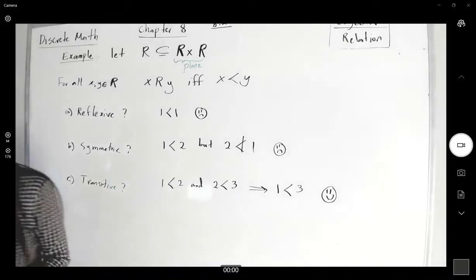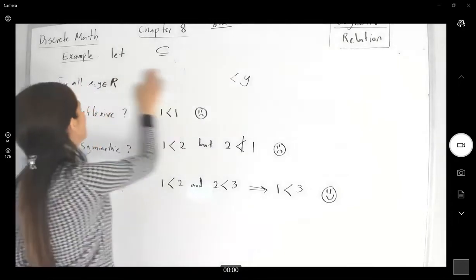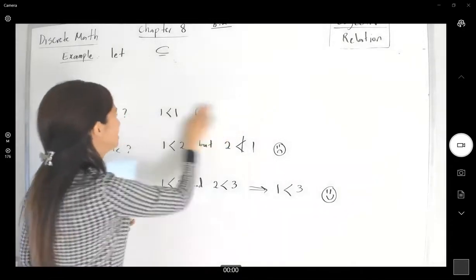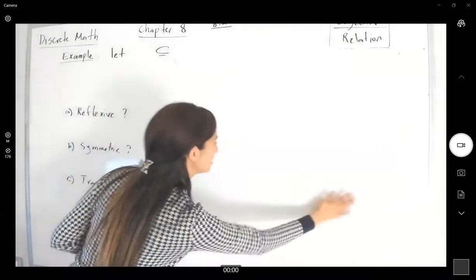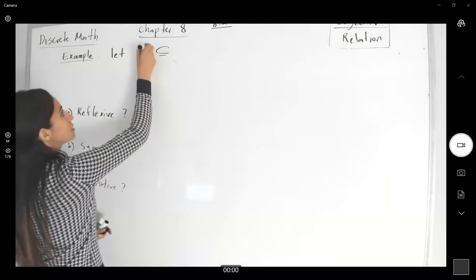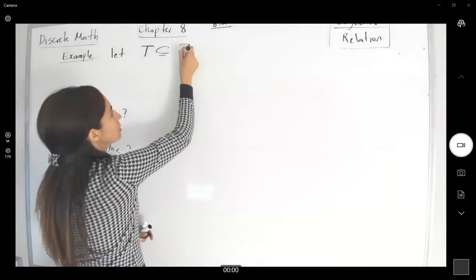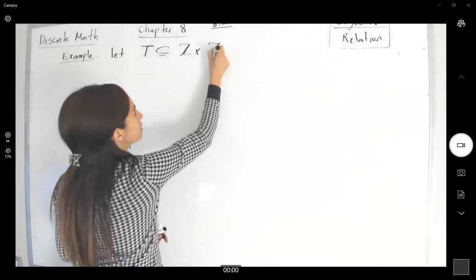We're going to define a new relation on Z. So define T, a relation on Z. And we define it this way.